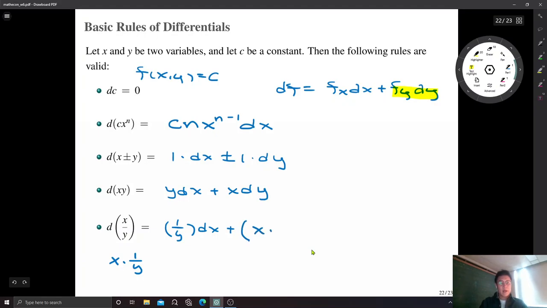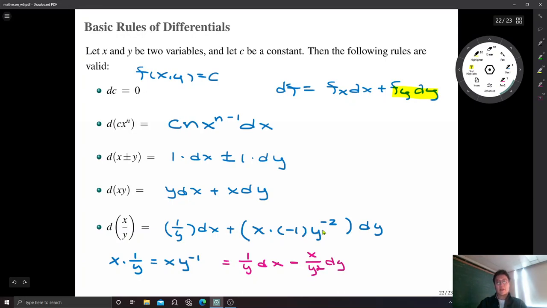And 1 over y is y to the power negative 1. So applying the power rule, we bring out the power and subtract 1 from the power. And then I can rewrite this: 1 over y dx minus x over y squared dy, because y to the power negative 2 is 1 over y squared.